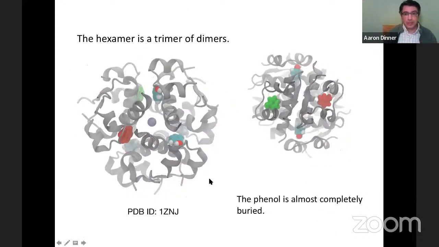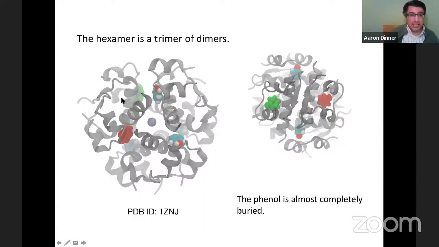Just to orient you, like I said, Bowman introduced insulin in the previous session. He was looking at the dimer that you can see on the right, with this characteristic anti-parallel beta strand at the dimer interface. The hexamer you can think of as a trimer of dimers.